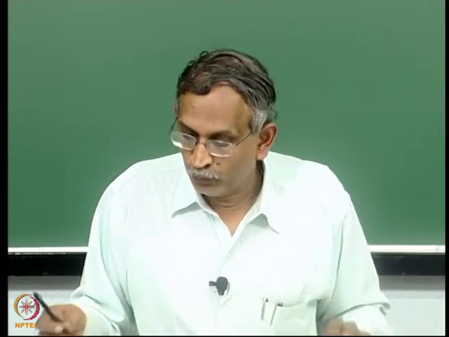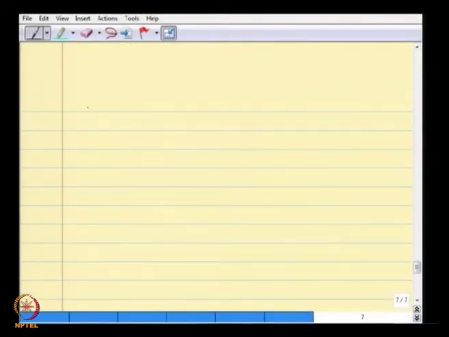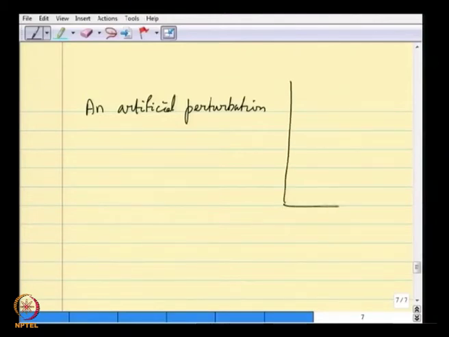Okay. So if you remember that, then we will consider an artificial perturbation to the box problem. Okay, so sorry, that's a poor drawing. Let me just write.